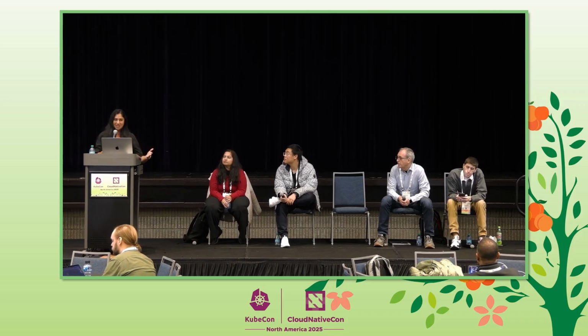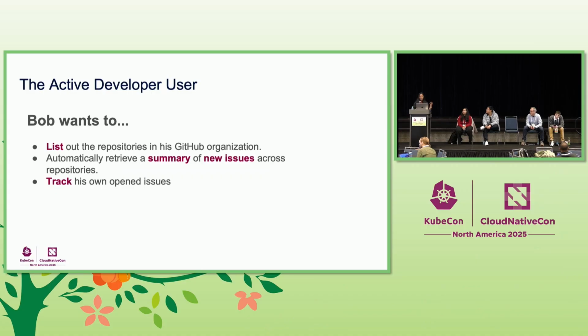So we're going to take you through a story. Let's start with a very simple use case. We have Bob, the active developer user. Bob is an active maintainer, like many of us, of 12 or 25 open source and inner source repositories.